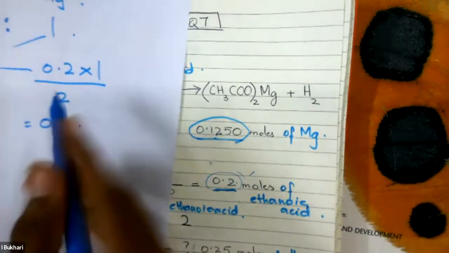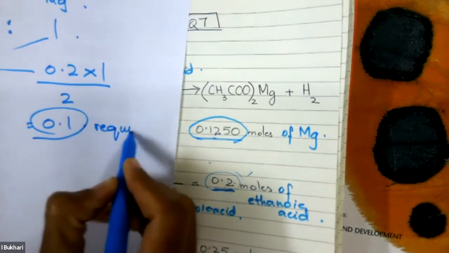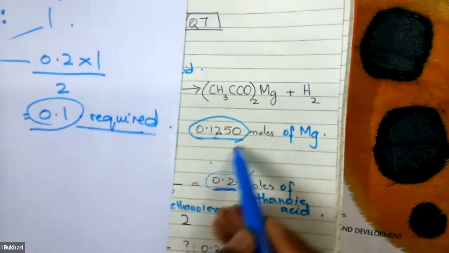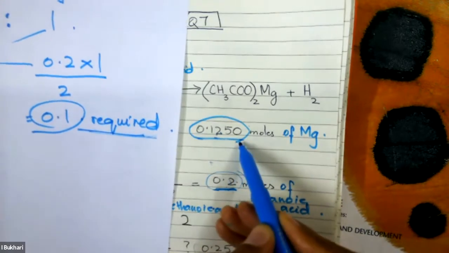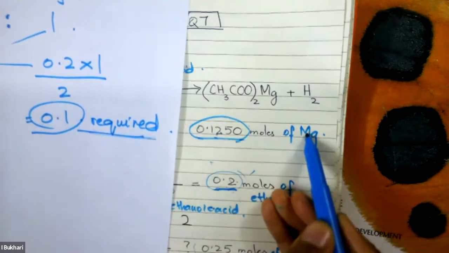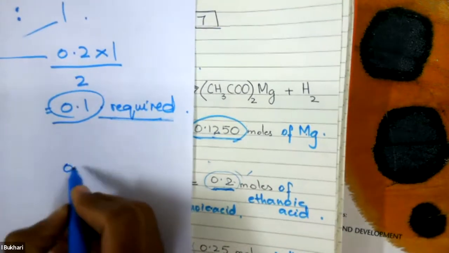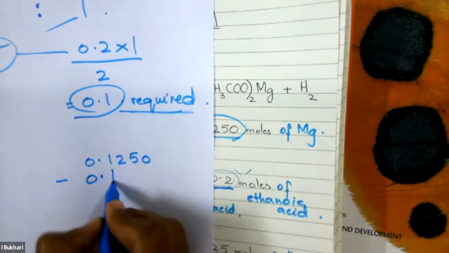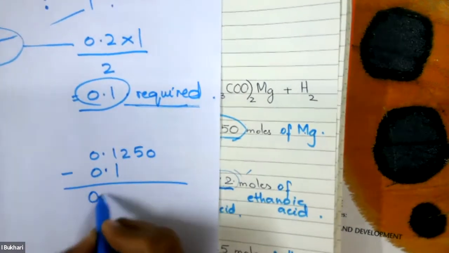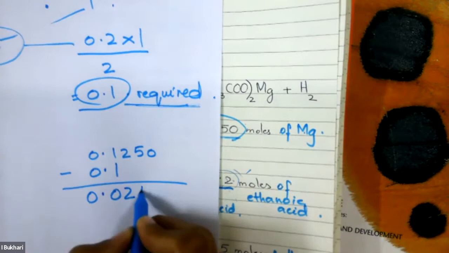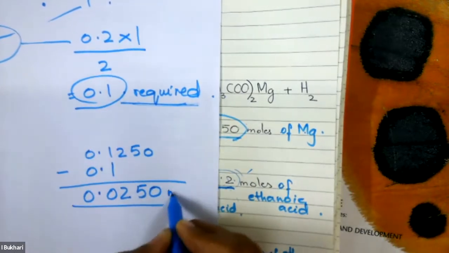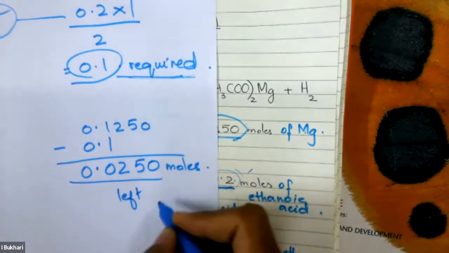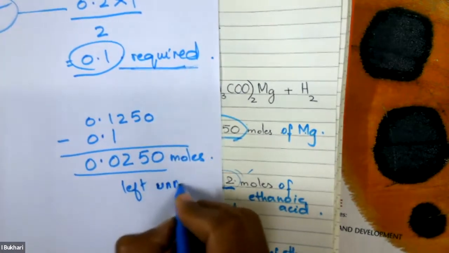I have more, so magnesium is in excess. So look at this, 0.1250 minus 0.1. What did I get? 0.0250. These many moles will be left unreacted. These are in excess, left unreacted.